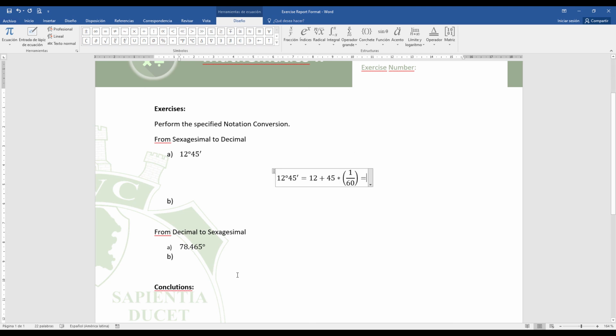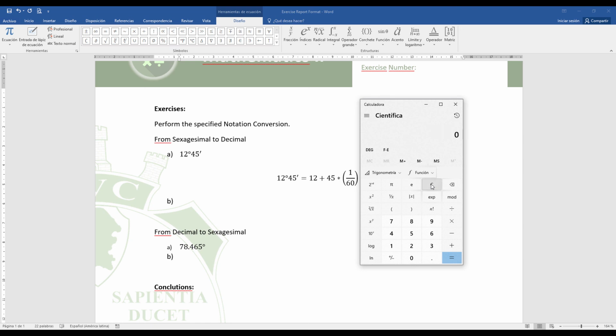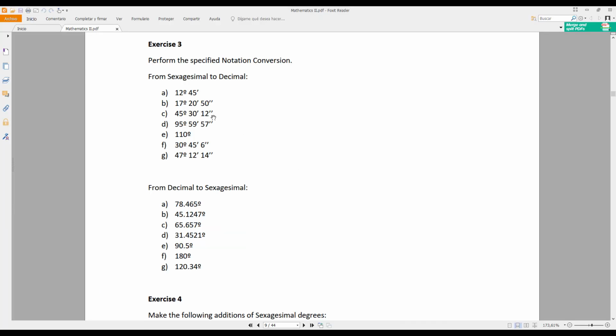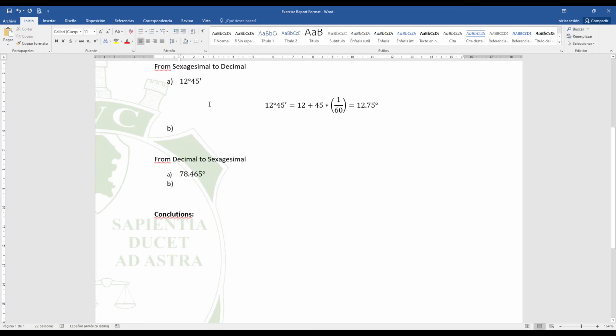So you check here, 1 divided by 60 plus 45. Okay, this is the result, 12.75 degrees. Yeah, so you need to do that with the other exercises. Yeah, I will only explain one for everyone.